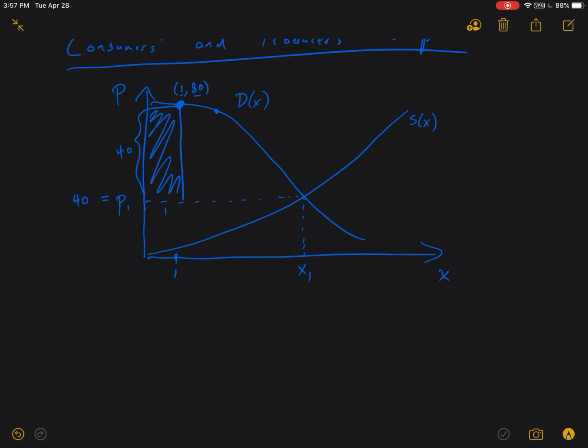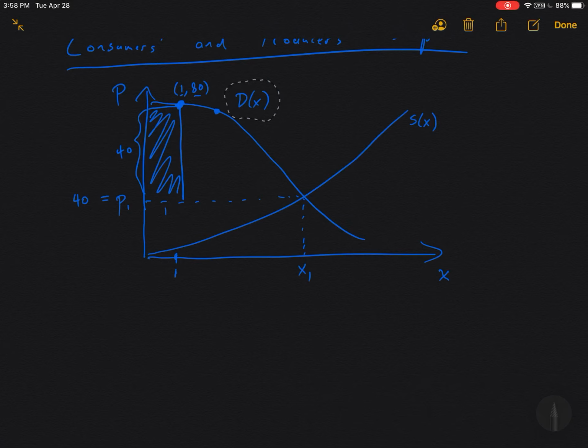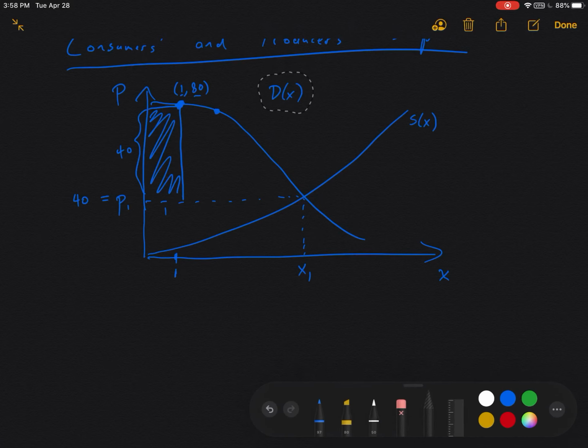And then let's say you go to the next point here and say that this point's coordinates are something like (2, 76), for example.